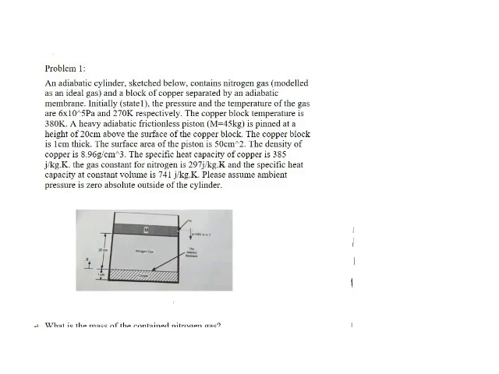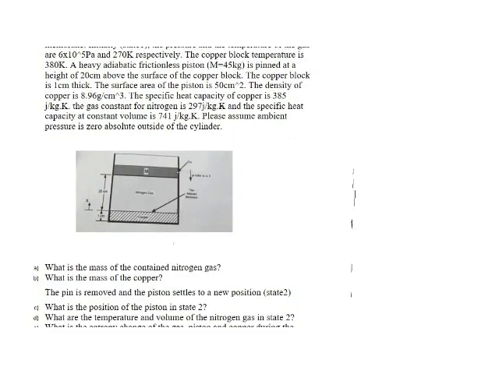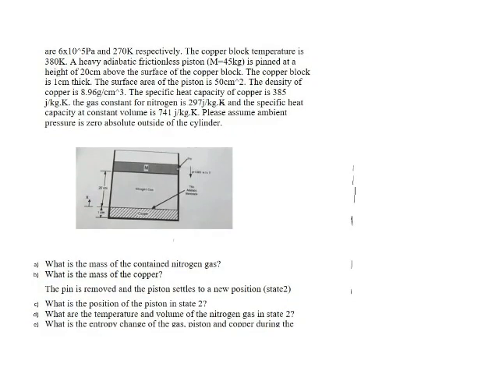The gas constant of nitrogen is 297, and the specific heat capacity at constant volume is 741 joules per kilogram Kelvin. Assuming pressure is 0 absolute outside the cylinder, we are asked to obtain the mass of nitrogen gas and also the mass of copper.